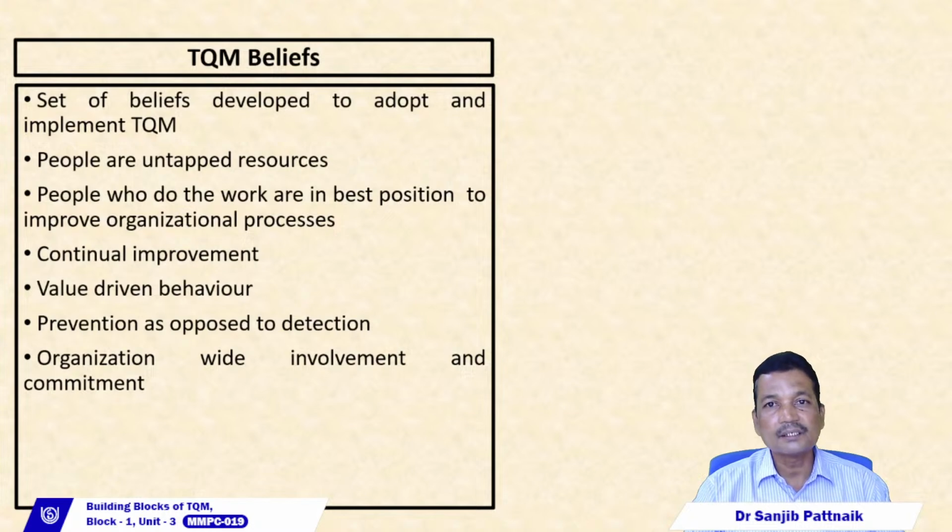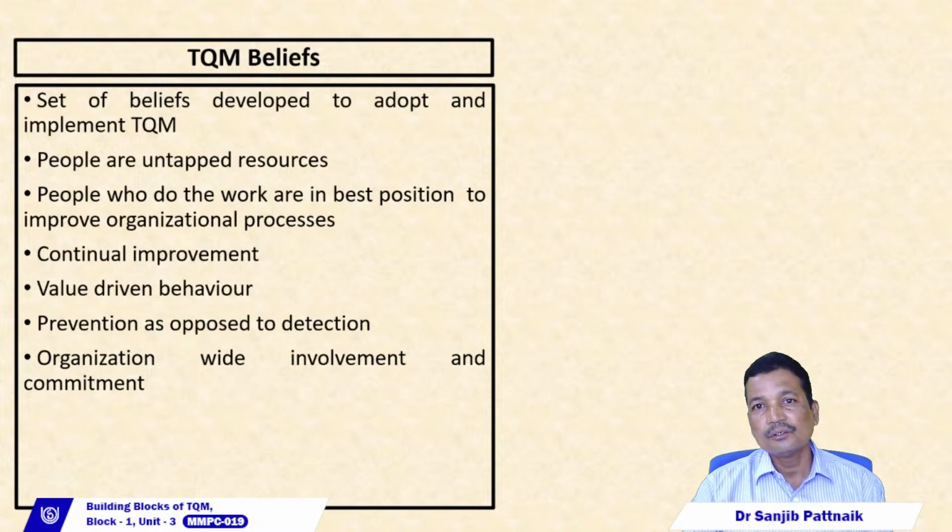They come up with certain new ideas, and this can help the organization in developing the total quality of the items. So the organization should never think that people are there only to carry out the tasks they have been asked.